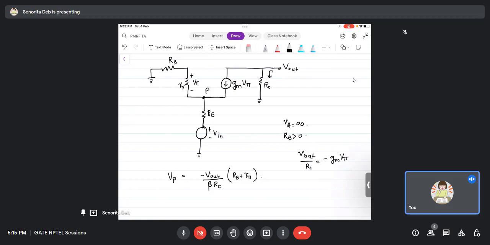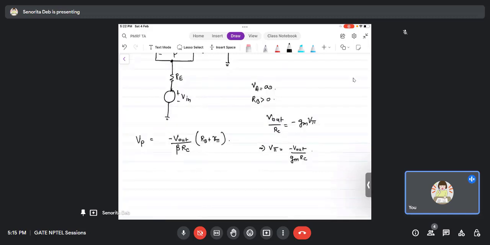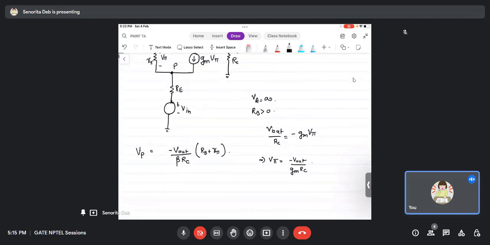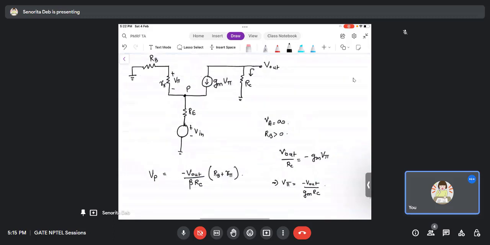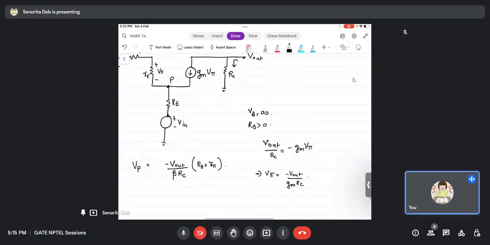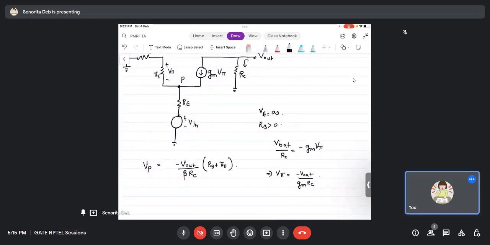Okay, so from here you will get V pi. V pi is minus V out by GM times RC, right? And therefore, what is the voltage VP? VP is nothing but the voltage V pi and the drop across RB.